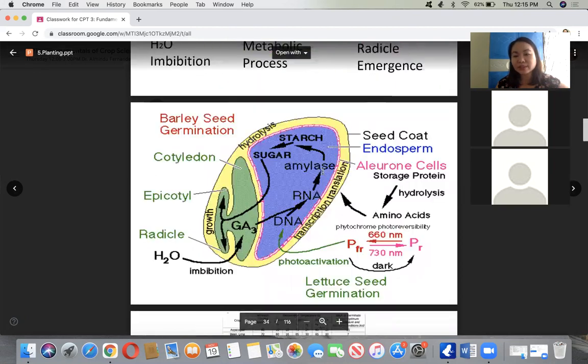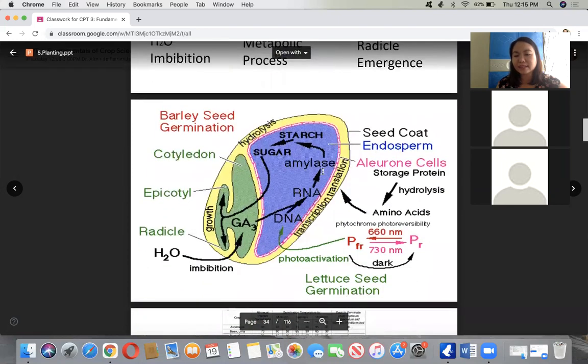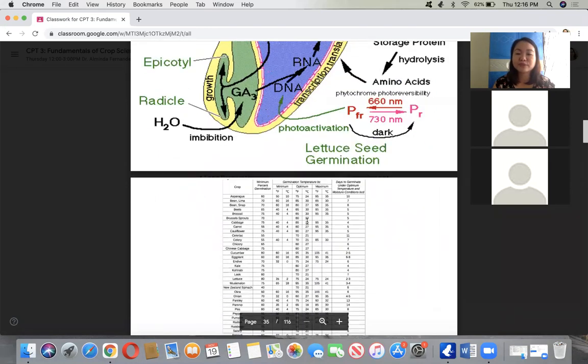Do you have any questions regarding the seed germination metabolic process? I know it's very technical, but you will come across it a lot of times when you go to a higher stage, especially in physiology.